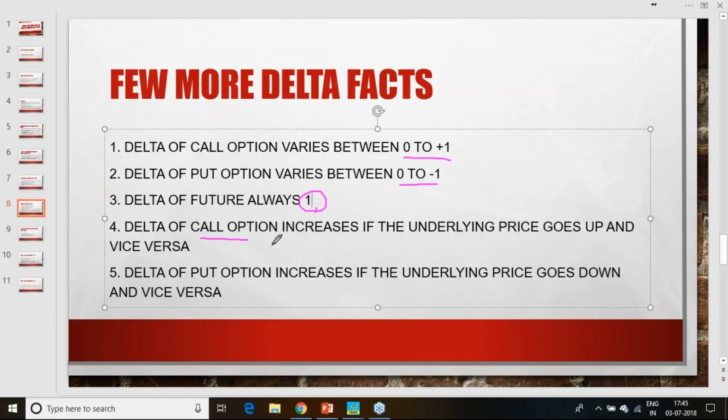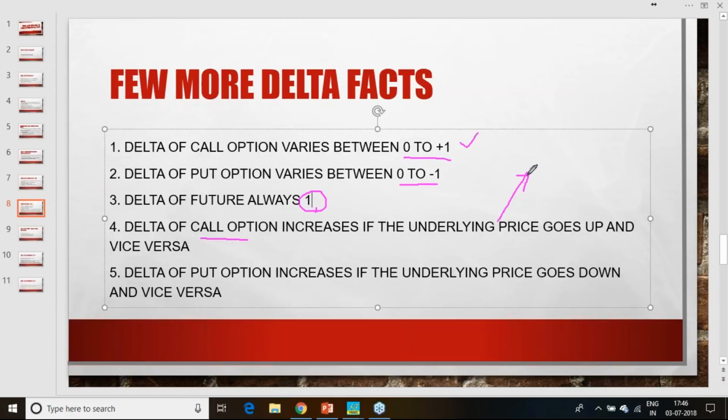And delta of a call option increases if the underlying price goes up. Whenever you are taking a Nifty call option, Nifty is the underlying asset. When you are taking a TCS call option, TCS is the underlying asset. So call option delta will start from 0 and go on increasing to a maximum of 1 if the price goes up.